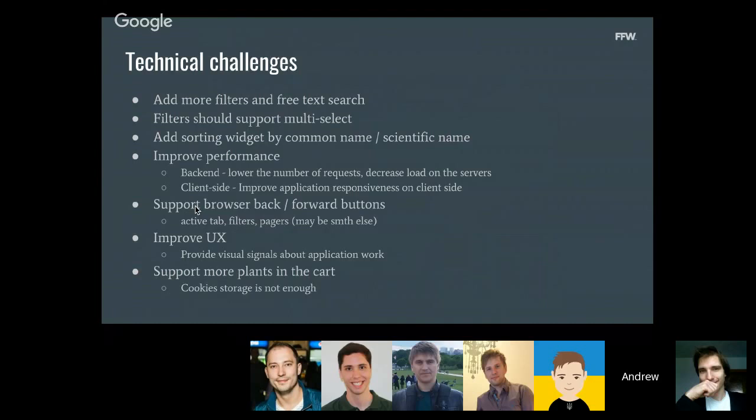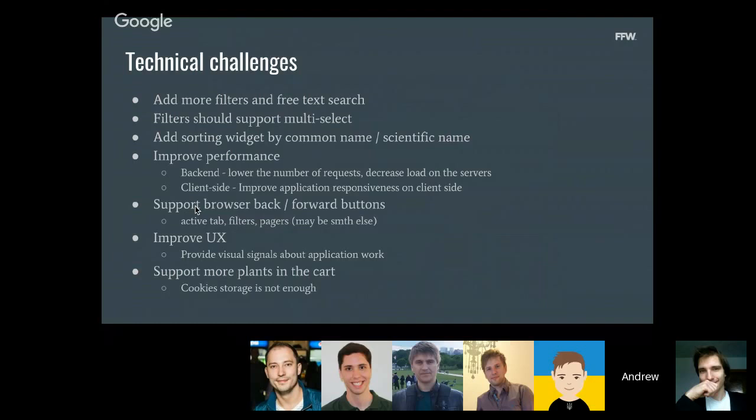We were also tasked to add a sorting widget. We did not have it in previous versions. And we should allow sorting the plants listed by either common name or scientific name in alphabetical order. We were also asked to improve performance, both on the backend and client side.